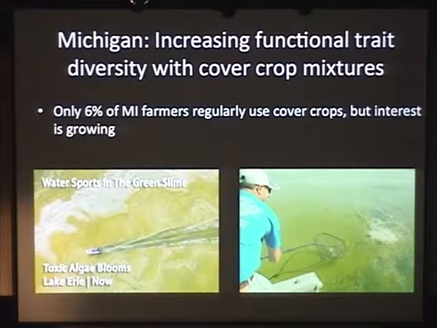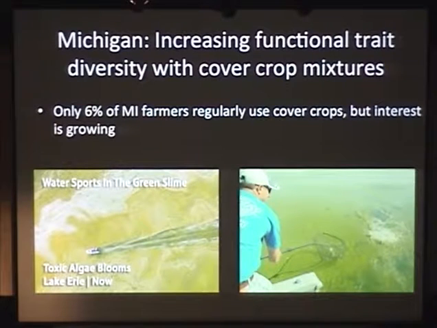So we've been addressing these questions here in Michigan, thinking about how increasing diversity of farms through cover crops can enhance the function of farms while also reducing their ecological costs. And you all are probably familiar with the fact that the costs are rather large here in the Great Lakes region.